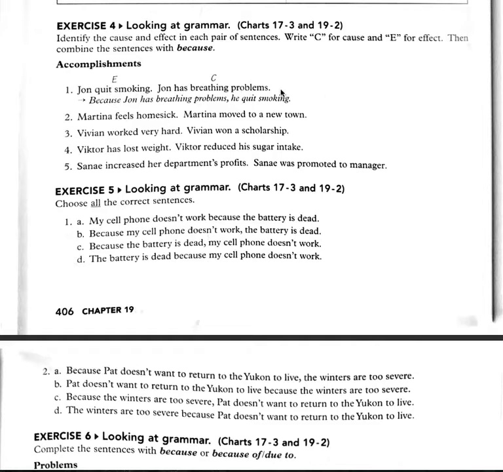John has breathing problems. So you say, because John has breathing problems, comma, he quit smoking. This is a cause and effect. This is the cause. Okay? This is the effect. Because John has breathing problems, that's the cause. So what's the effect? He quit smoking.